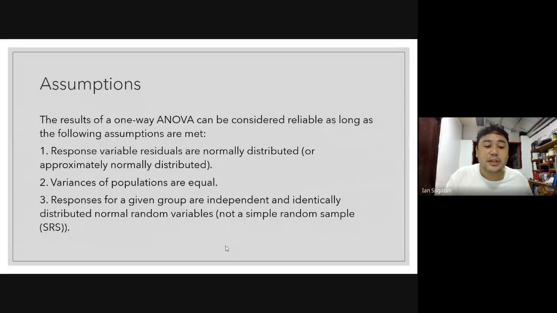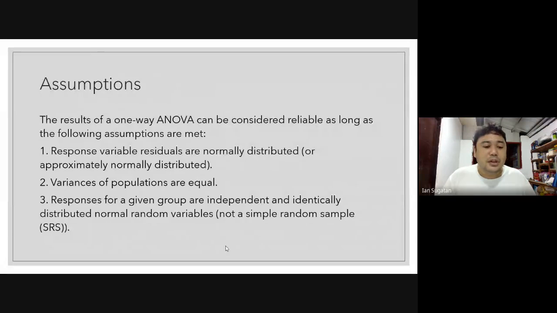The first one is that the response variable residuals are normally distributed, meaning the comparison for different variables has an approximately normally distributed value, like the bell shape that we considered last time.